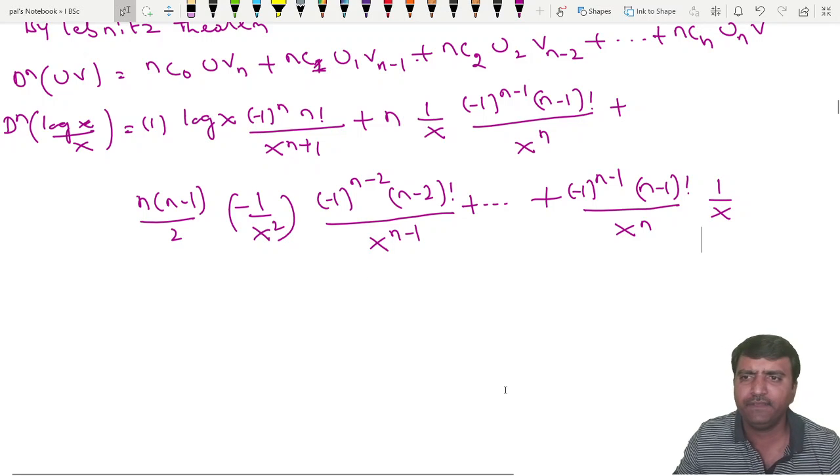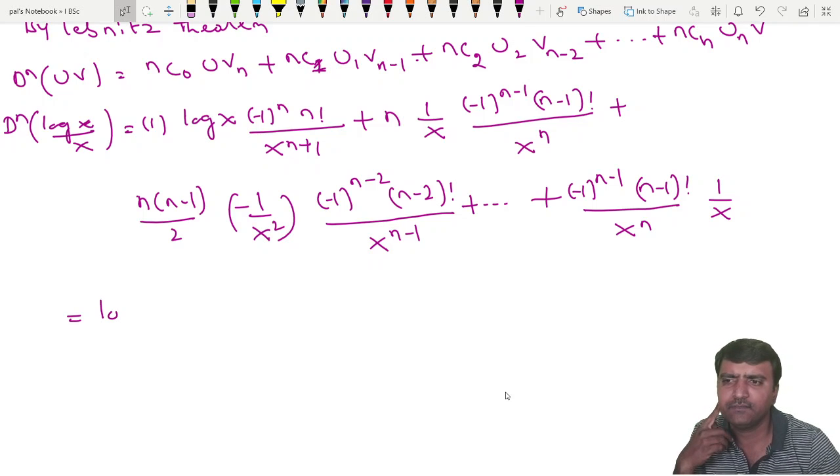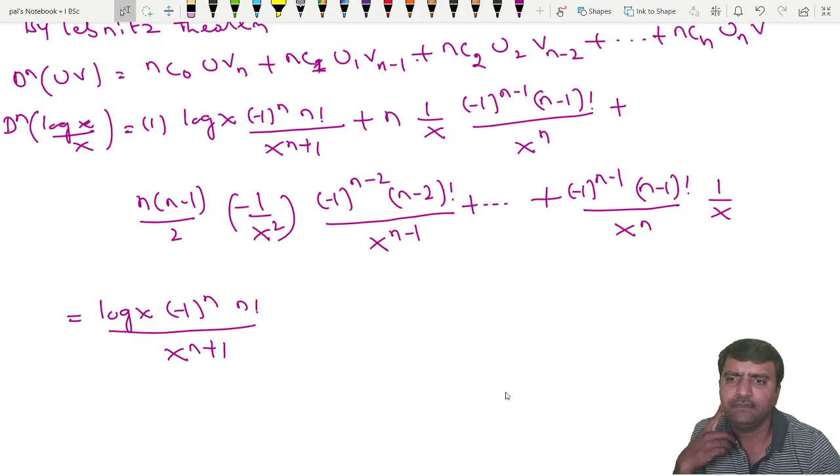In the next step you simplify this, which is equal to log x times minus 1 to the power n into n factorial divided by x to the power n plus 1, plus, and you see this n into n minus 1 factorial and n into n minus 1 factorial, if you add them, you can write it as n factorial, isn't it?